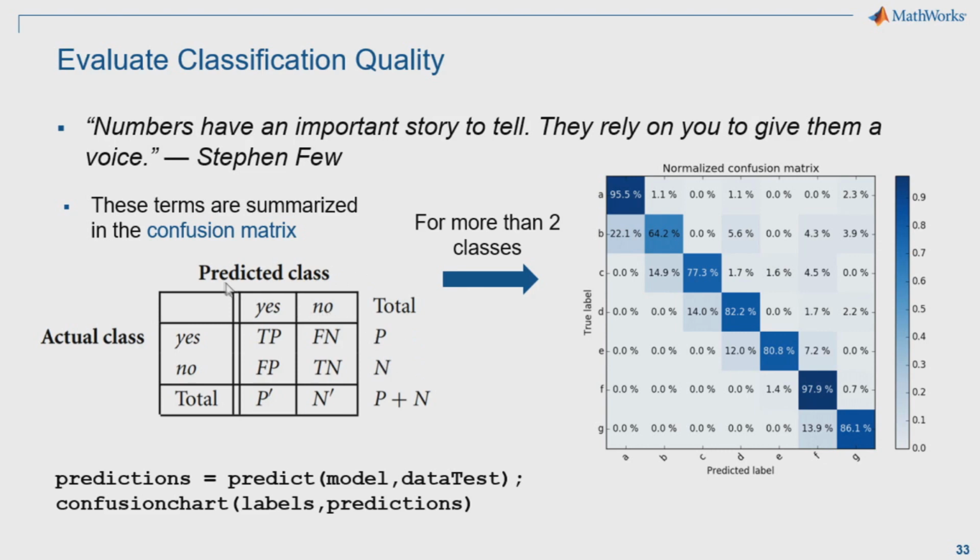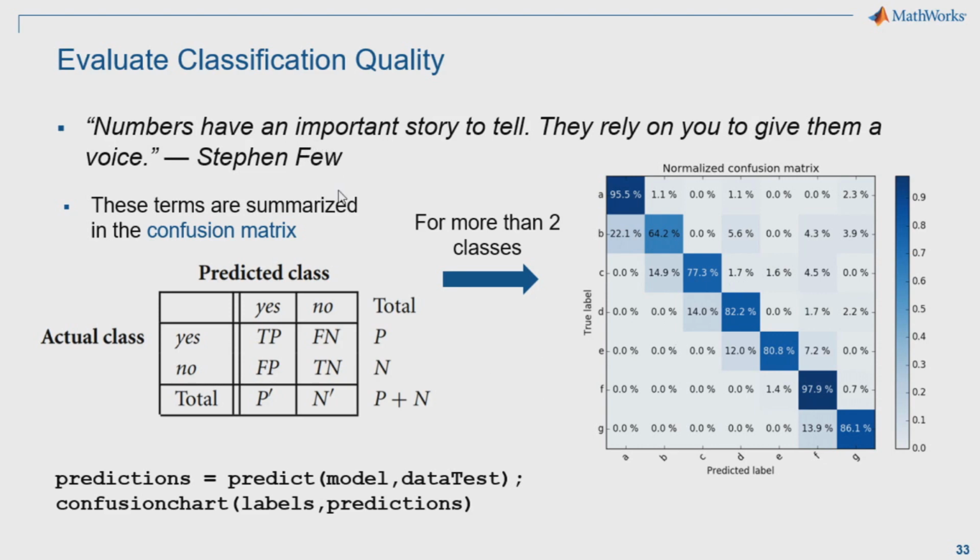By filling in the amount of entries belonging to the predicted class versus which class they actually belong to, you can find exactly the amount of true positives, false negatives, false positives, and true negatives.